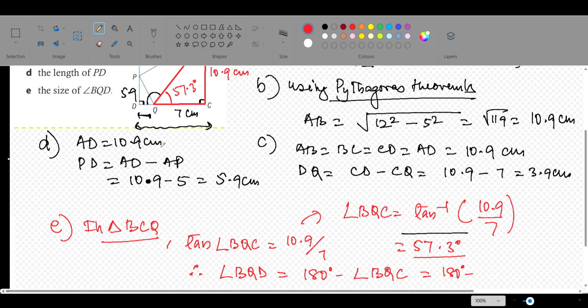So 180 degree minus 57.3 degree, which is 122.7, which is approximately 123 degree. Are you getting this?